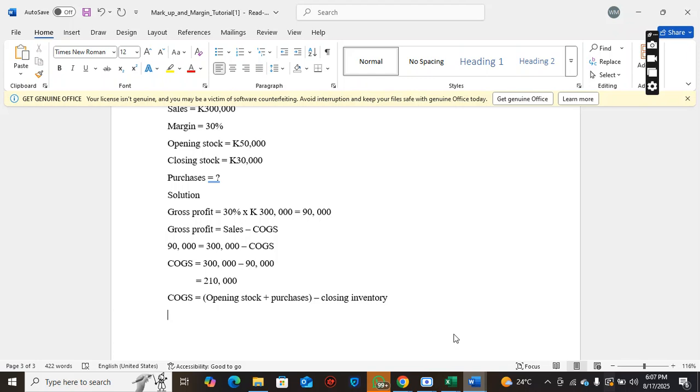Opening stock we cross it off, closing inventory we also cross it off. So purchases equals cost of goods sold minus opening stock plus closing inventory.